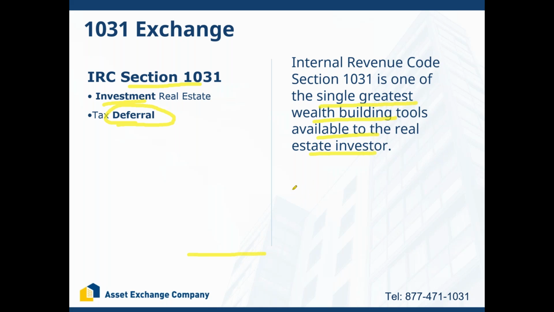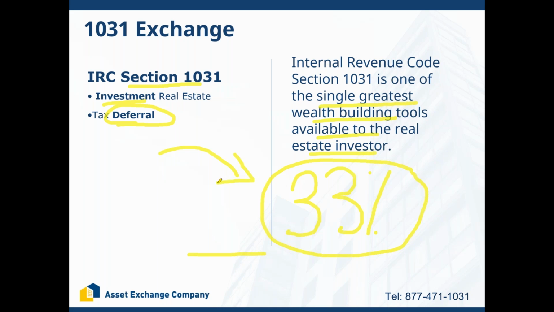And that's a big deal because in high tax states like California, about 33% of your profit or your gain goes to pay taxes if you cash out and just sell your real estate. So if you can keep that money in your pocket instead of sending it to Uncle Sam, that is going to provide you with a lot more purchasing power for your next transaction.